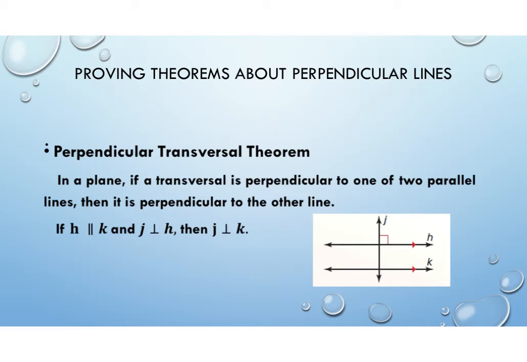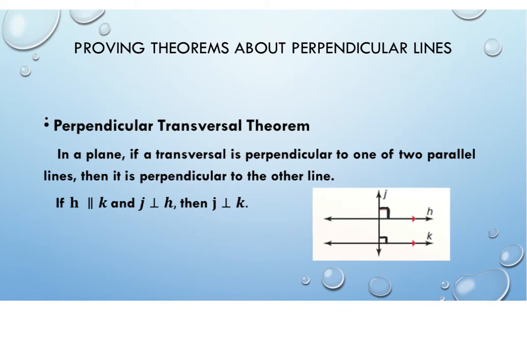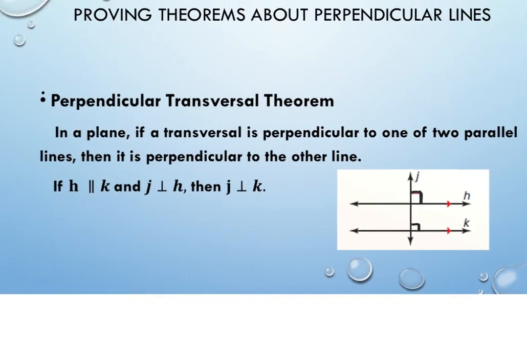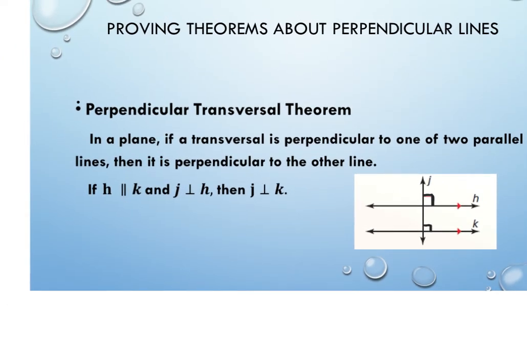So we know that this is perpendicular. So J is perpendicular to H, and it makes a 90-degree angle. So what tells us that this angle must also be 90 degrees? And what tells us that is the corresponding angles theorem.